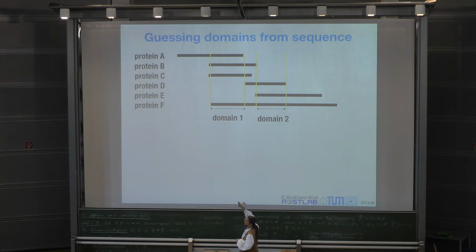And in this region, where they are overlapping, where they are aligned, they are similar in terms of their sequences. From the similarity in the sequence, I assume that they have a similar structure, and I assume that they have a similar function. I assume there's something here where they are similar.